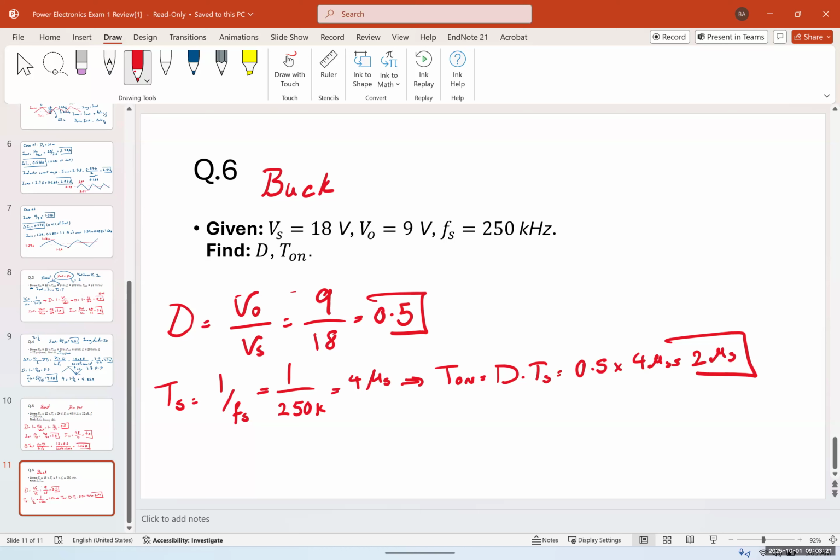That's it for today's class. Just a couple of notes. Like 60% of your questions would be theoretical questions. So please read through the lecture notes, especially the introduction lecture notes. You're going to have a lot of questions about the applications of power electronics and the theoretical part.